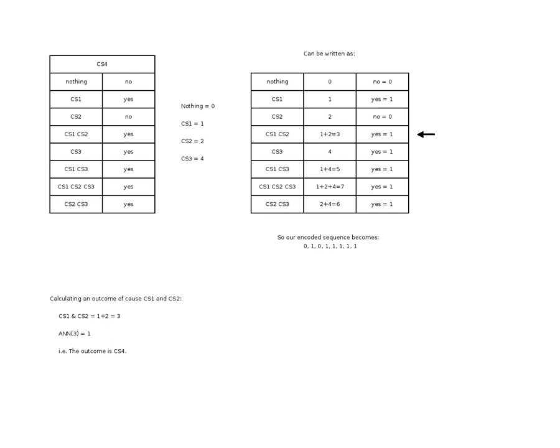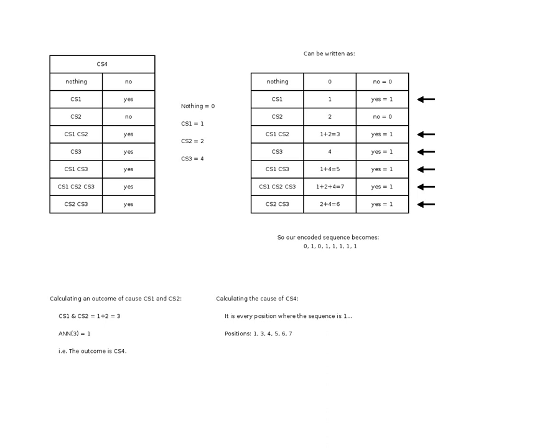If we wanted to know what caused CS4, we could work out the complete series across all the values and list all the positions in which these values are 1. That's positions 1, 3, 4, 5, 6 and 7.